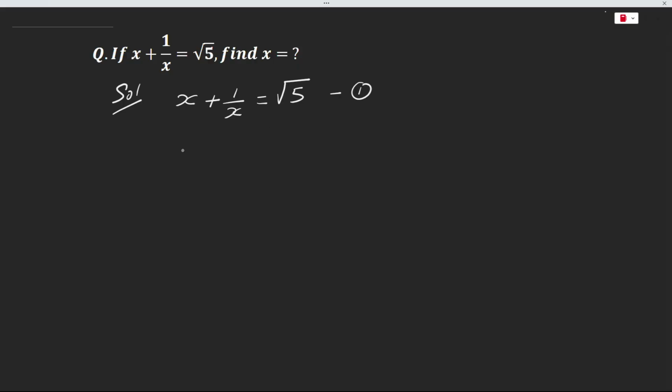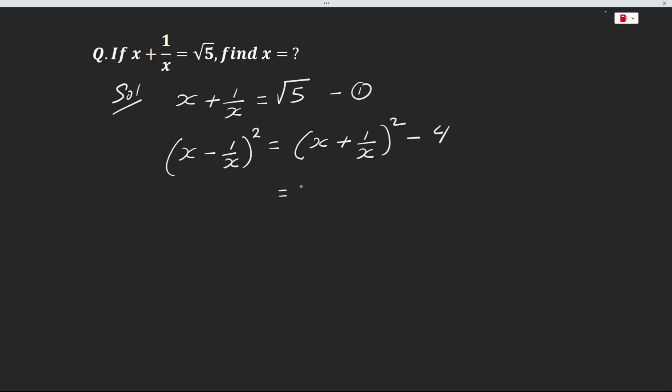Now x minus 1 by x whole square equals x plus 1 by x whole square minus 4.